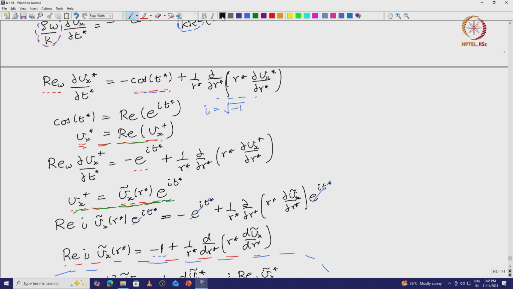Cos t star was written as the real part of e power I t star.